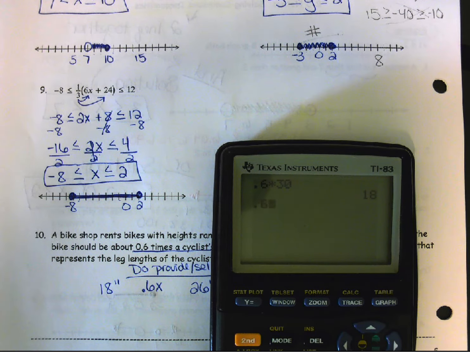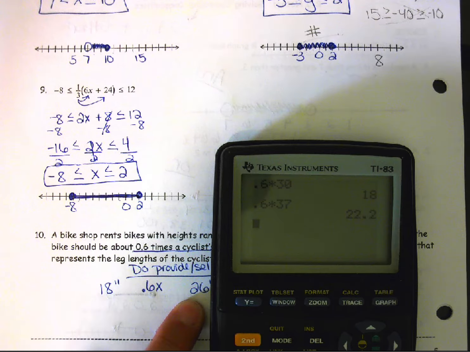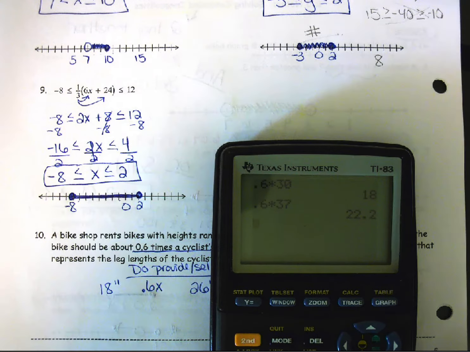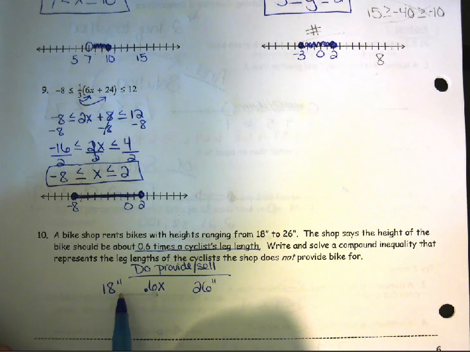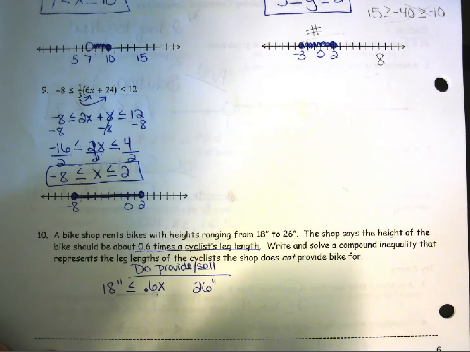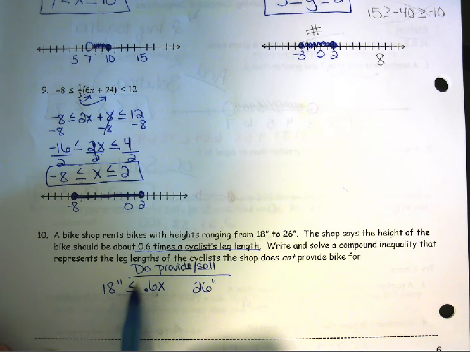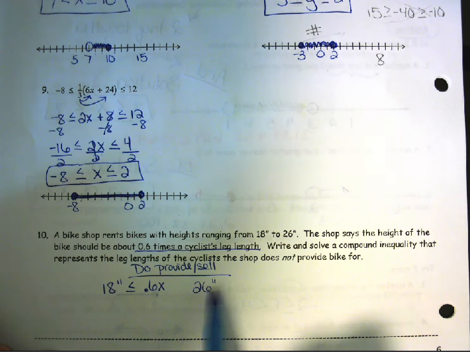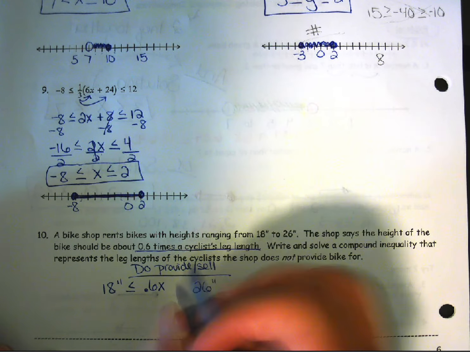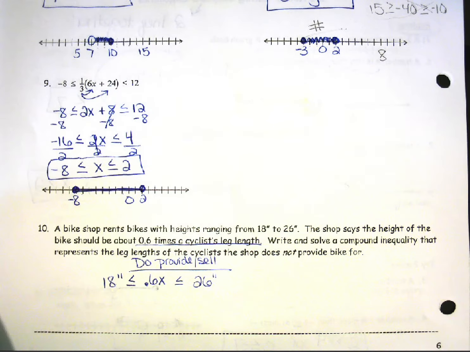Let's say my leg length is 37 inches. Yep, they've got one for me, okay? So what they're telling me is that they're going to sell above the 18. They're selling greater than this, but this and smaller. So do you see how I've done my compound for what they sell?